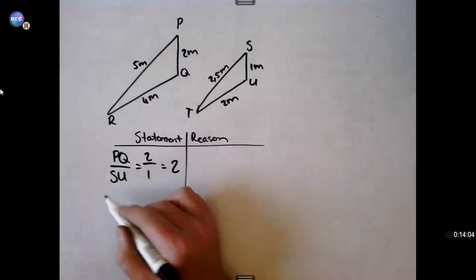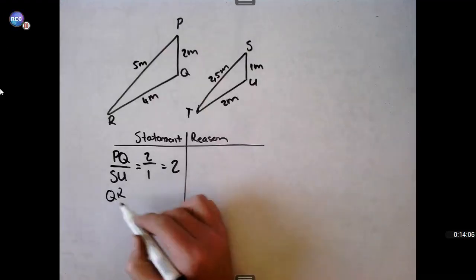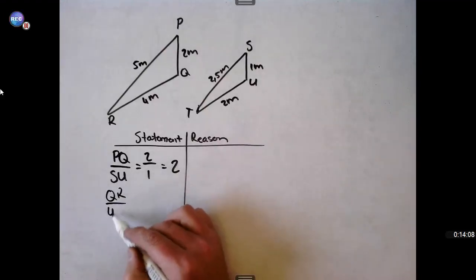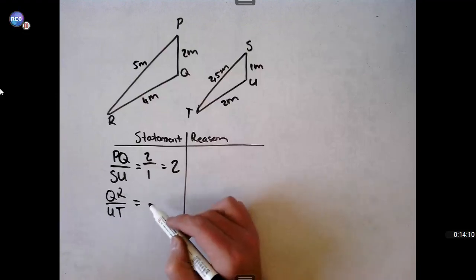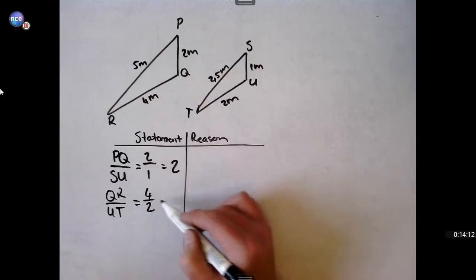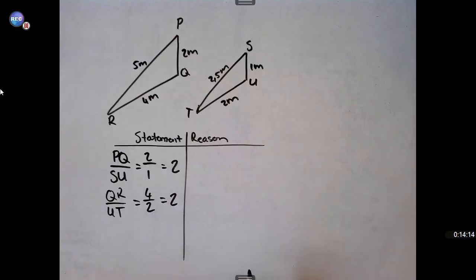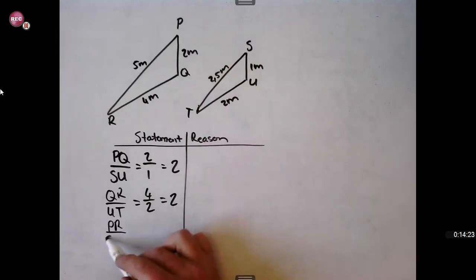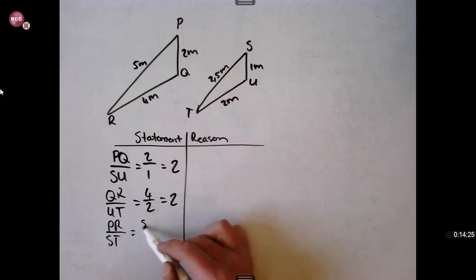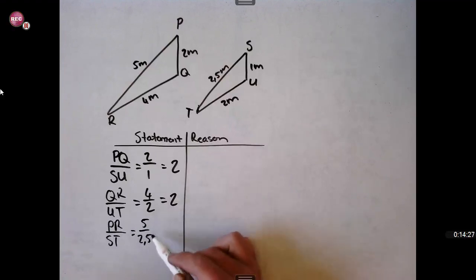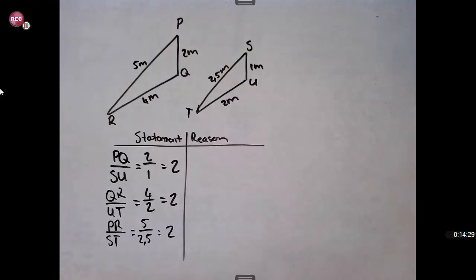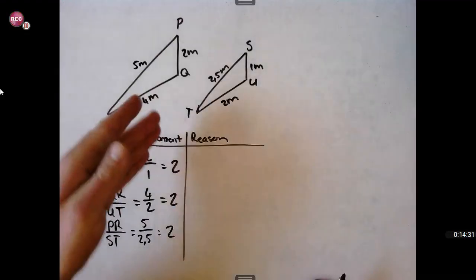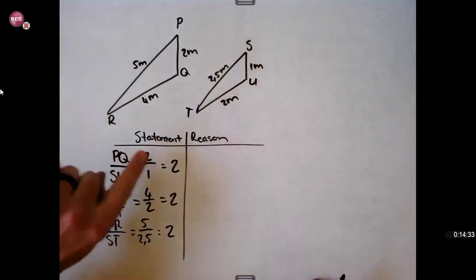So QR over UT, and that would obviously be 4 over 2, and that would also give me a 2. Then final sides would then be ST and PR. So PR divided by ST, and that would be 5 divided by 2,5, and that would also give me a 2. So you'll see that your ratio for your corresponding sides are all a 2.